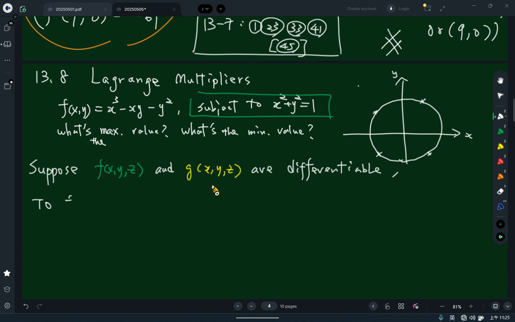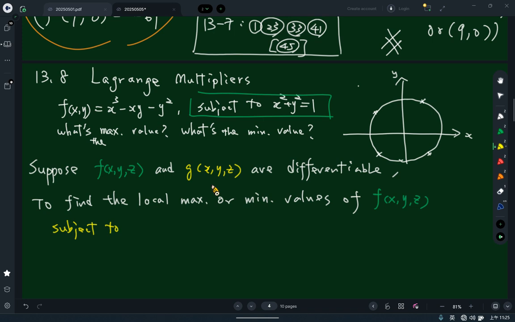To find the local maxima or minima values of f of x, y, z subject to the constraint g of x, y, z is equal to 0.